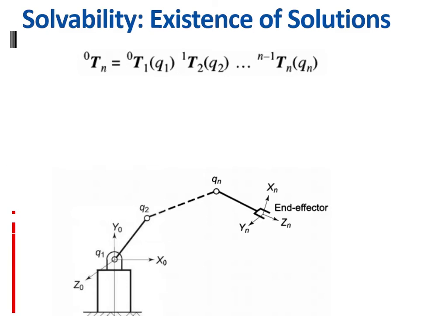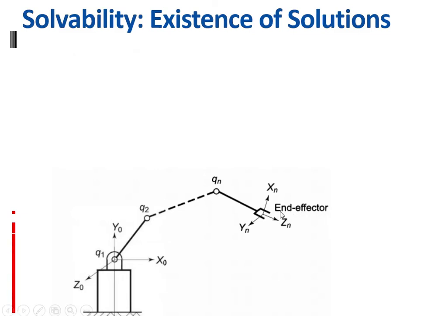The condition for a solution to exist is examined first. We have to examine whether this end effector, which you are visualizing here, will reach its final position or not. That defines the existence and non-existence of a solution.